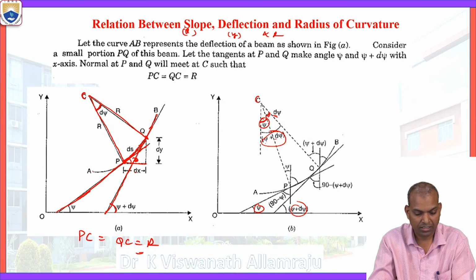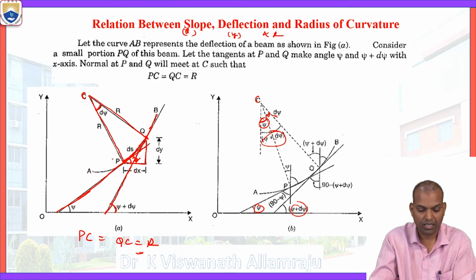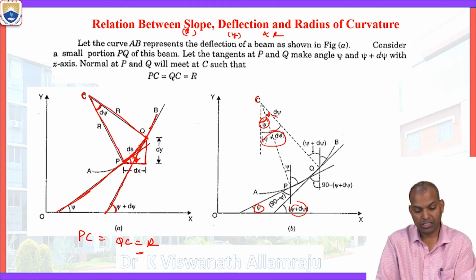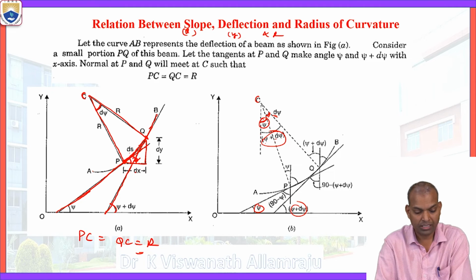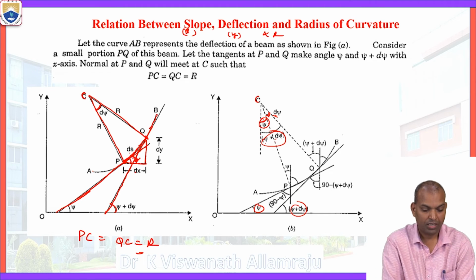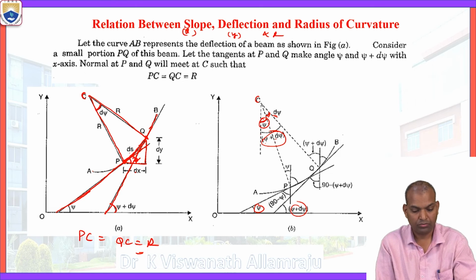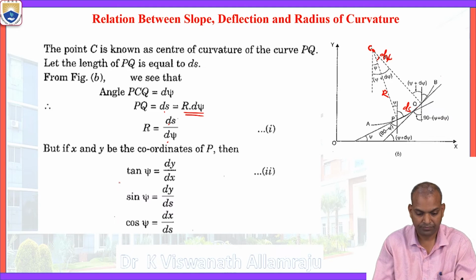From this triangle, the hypotenuse is ds, the opposite side is dy, and the adjacent side is dx. Then tan psi equals dy by dx.